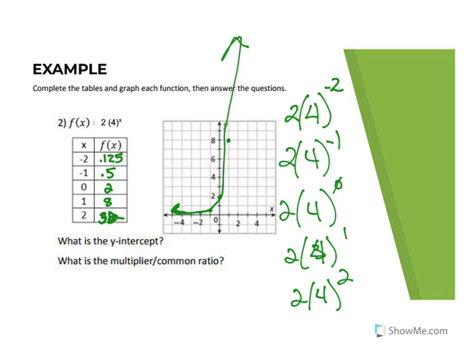Okay. Do not forget that you have these two questions. Okay. You need to make sure that you know, looking at the equation, what's the y-intercept and what's the multiplier. Okay. The y-intercept is your a, right? And your multiplier is your b, which in this case is 4.